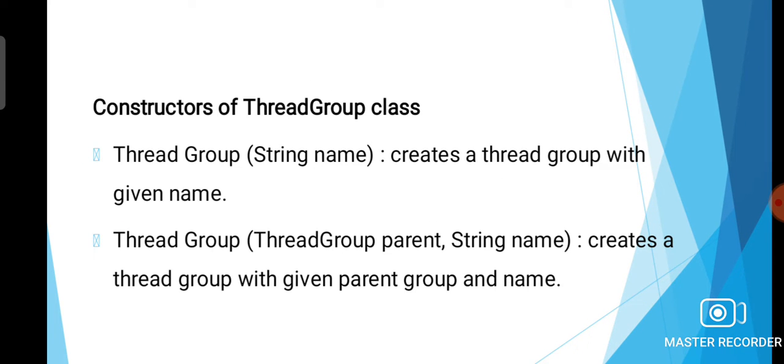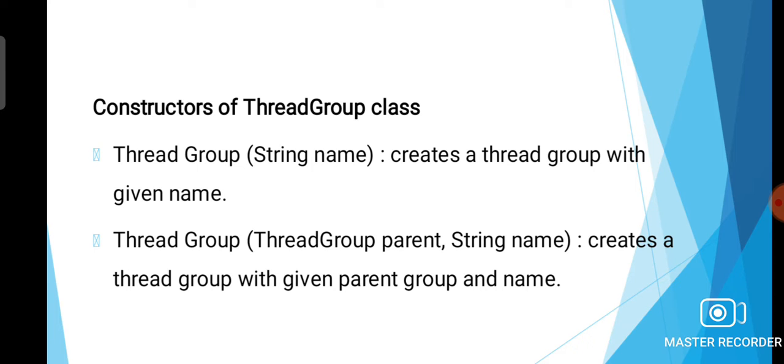So, to create the thread group, we have one built-in class, ThreadGroup. The class has some constructors. The first constructor is used to create the thread group with a given name, so we can give the name of the thread group as the parameter.